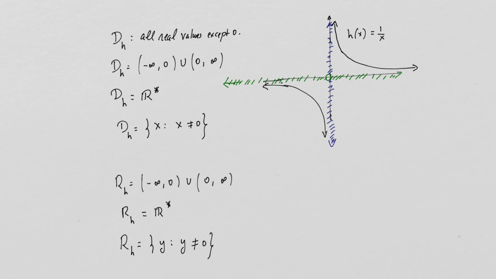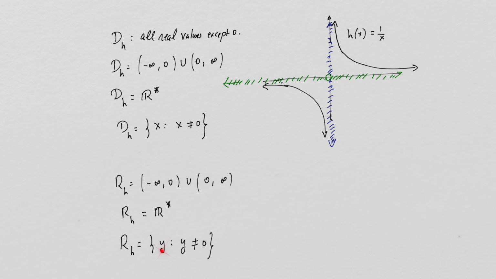What about the range? Also simple. If you take the curve and you collapse it on the y-axis, not the x-axis, you'll get the blue shaded interval or line, right? It's going from negative infinity all the way to positive infinity, but you skip 0 again. So it's the same thing I wrote here, except now the focus is on y.